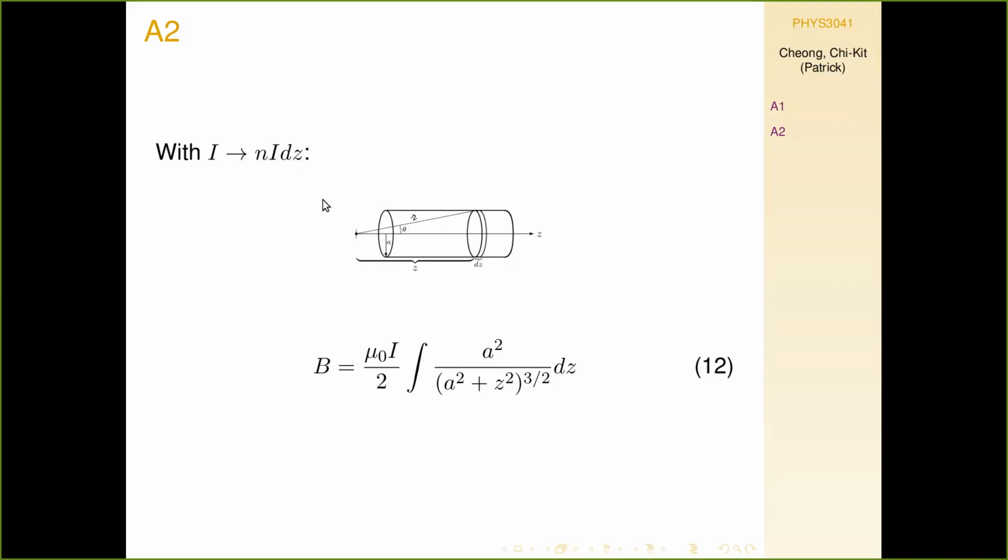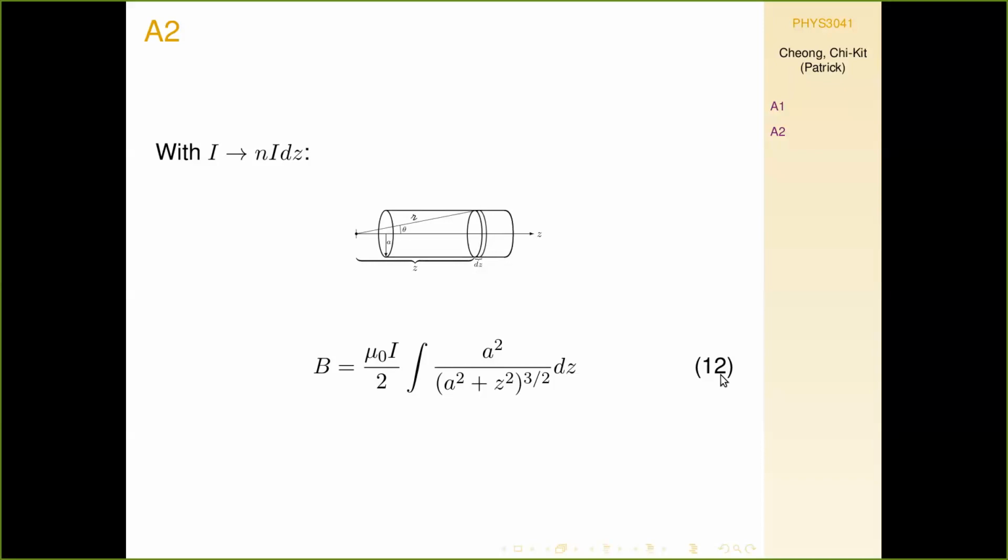I is the total current passing through the whole solenoid, and n is the number of loops per unit length. So n dz represents the number of loops passing through here, and then times the steady current, you will obtain the steady current of the whole circular loop at this specific location.